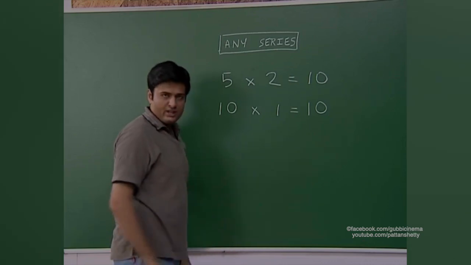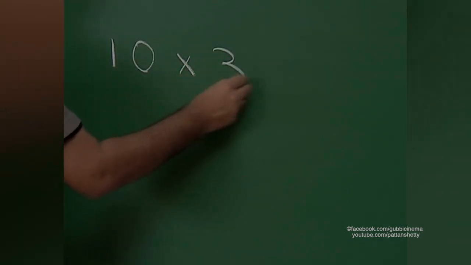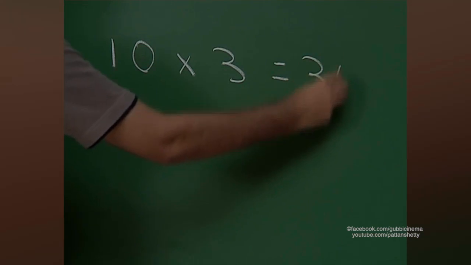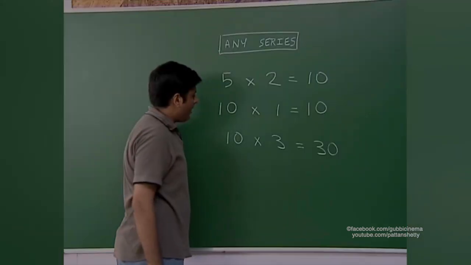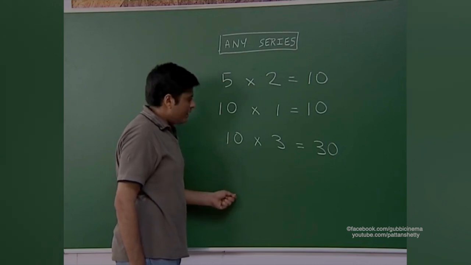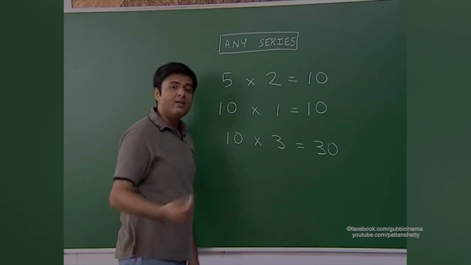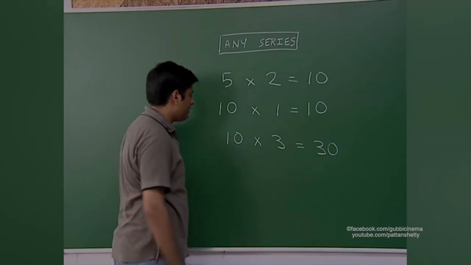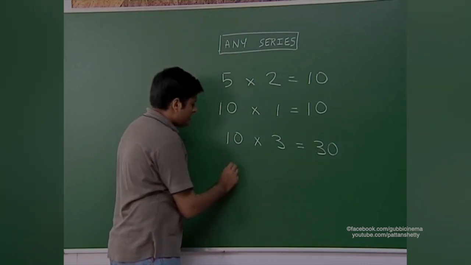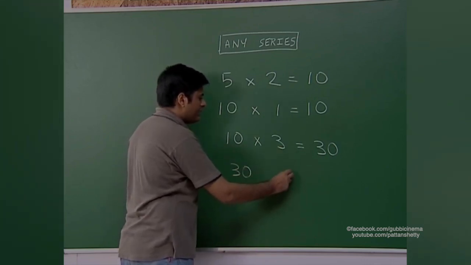Let us see one more example. We know that 10 into 3 is 30. Now, I multiply this by 3 and in reciprocative I divide this by 3. I will get the same answer. Let's check. 10 into 3 is 30 and 3 divided by 3 is 1.